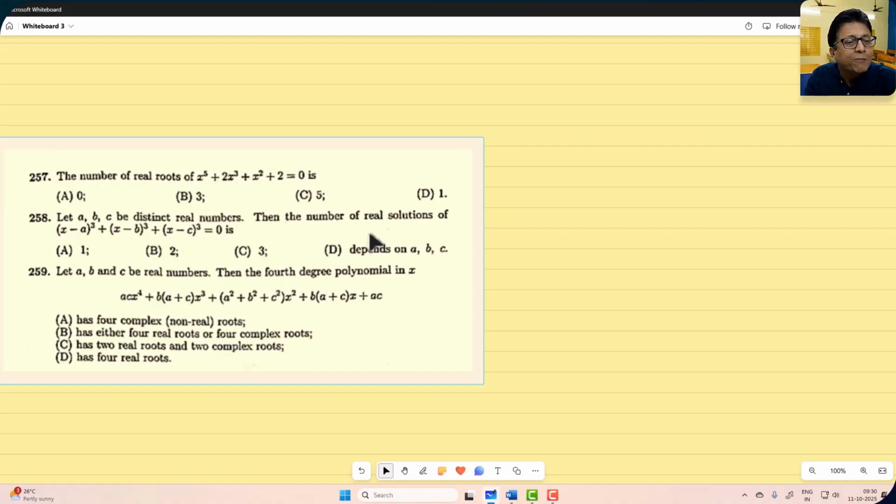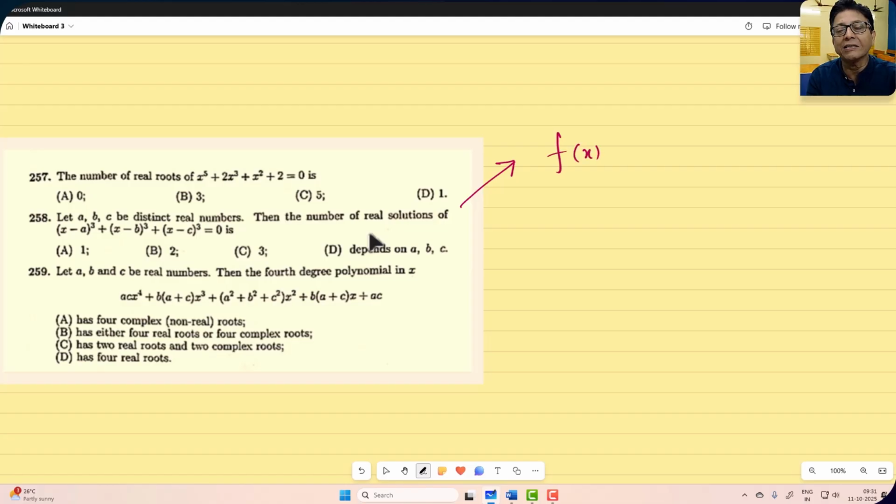So long as you can differentiate, it will work. So for this one, to find the number of real roots for 258, we just take this as f(x). Left side f(x) is (x minus a) whole cube, (x minus b) whole cube, (x minus c) whole cube.